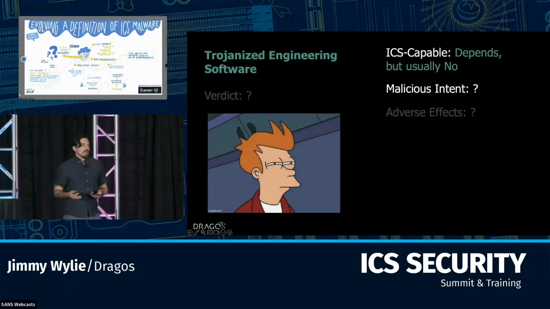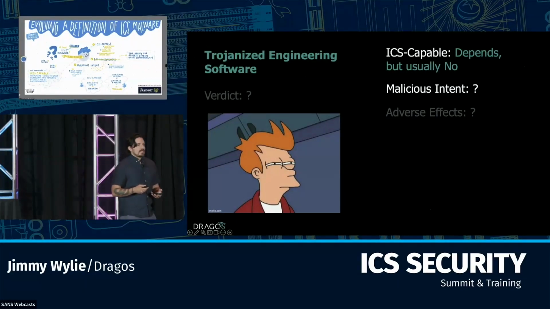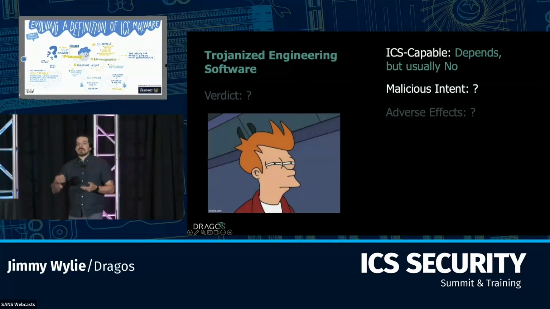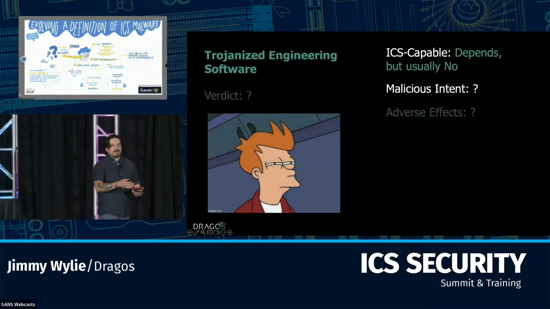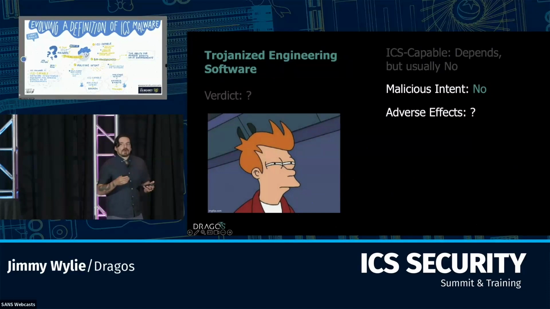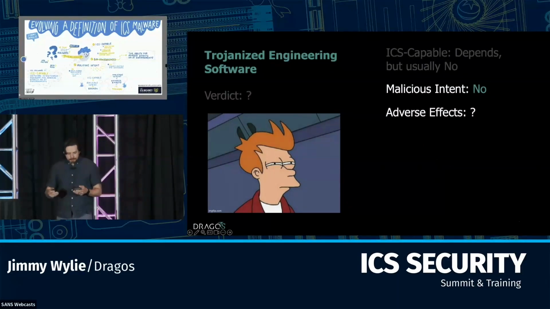Or is this a file infector virus that indiscriminately targets executables and just so happened to infect some installer because some USB drive was just in the wrong place? Okay, so usually that's been a no, right? We haven't seen any evidence so far of a purposeful infection of OT software to get into an OT network in this way.